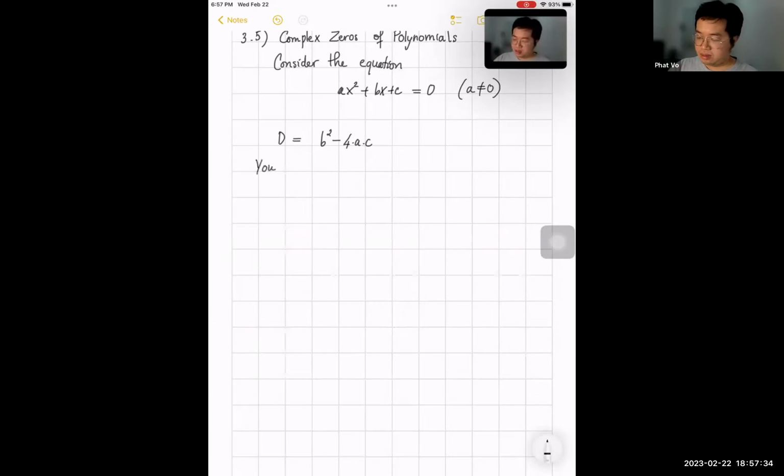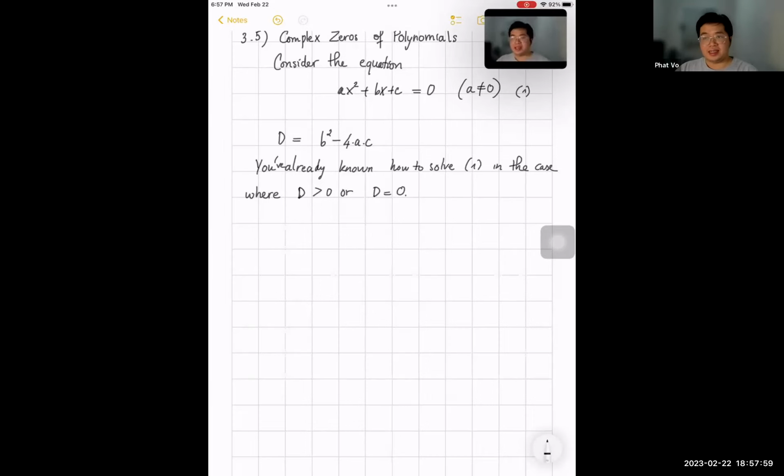You already know how to solve this equation in the case where D is greater than 0 or D equals 0, right? So you know how to do that.